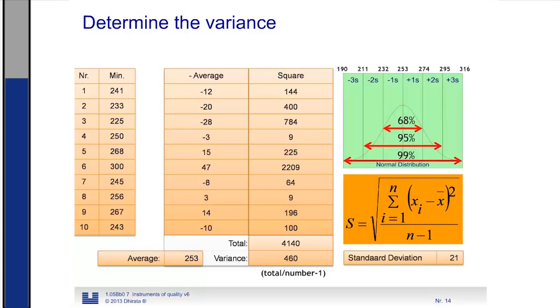Between two standard deviations below and above, this number will be 95%. And between three standard deviations above and below the average, 99% of all the measurements will fall. With the control chart, we can now demonstrate whether the measurements are probable. That is something we are going to investigate in the next slide.